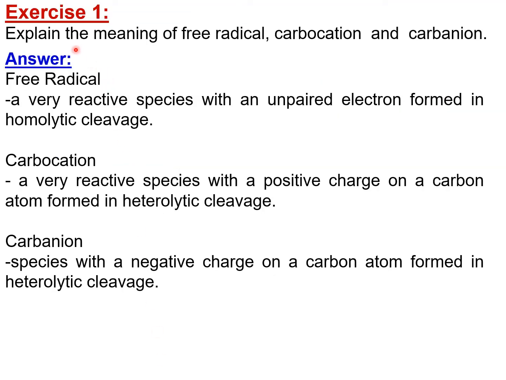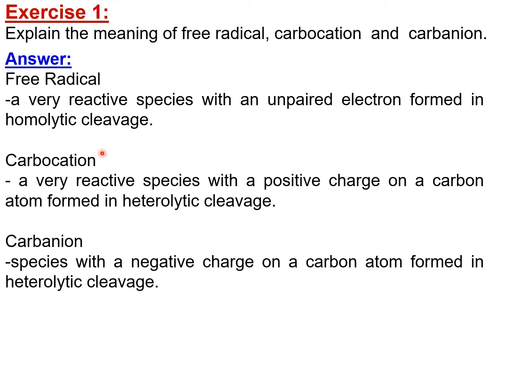So let's look at this exercise. Just to explain the meaning of free radical, carbocation and carbanion. So please look up at my slides on the reaction intermediates for free radical, carbocation and carbanion. So here's the answer. Free radical dia terhasil daripada homolytic cleavage and it's a very reactive species with an unpaired electron.